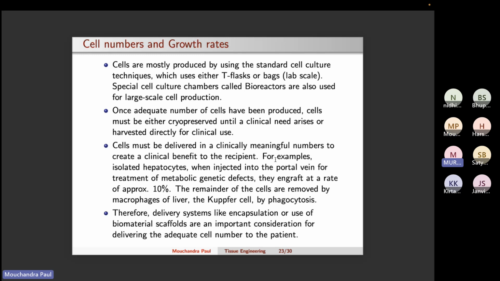Ma'am, I have a question. You said we can't culture cardiomyocytes, but I have read somewhere that in vitro people have made beating cardiomyocytes. Is that ever done? Yes, actually people have made artificial hearts.